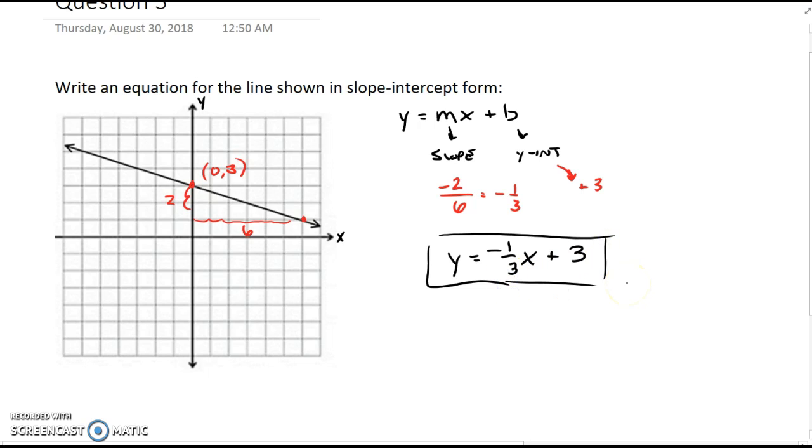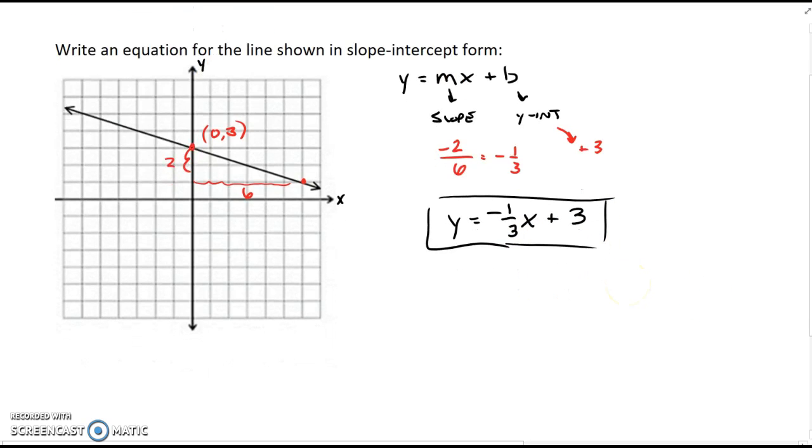Now, where this applies to physics is we may not actually have y and x. We might be relating velocity v as it changes with respect to time. So all that really changes, instead of using a variable of y, which is an arbitrary variable for math, we're going to replace that with v, and x becomes a variable time.